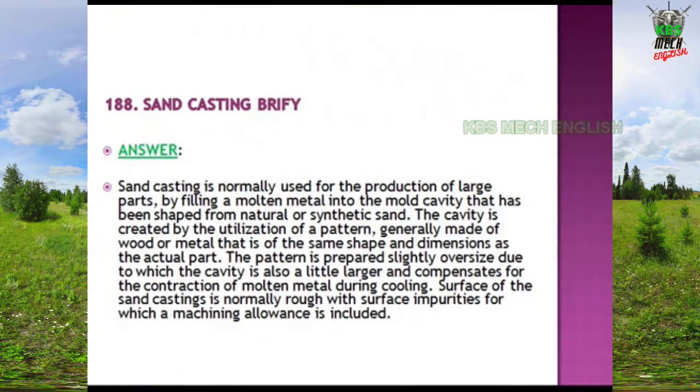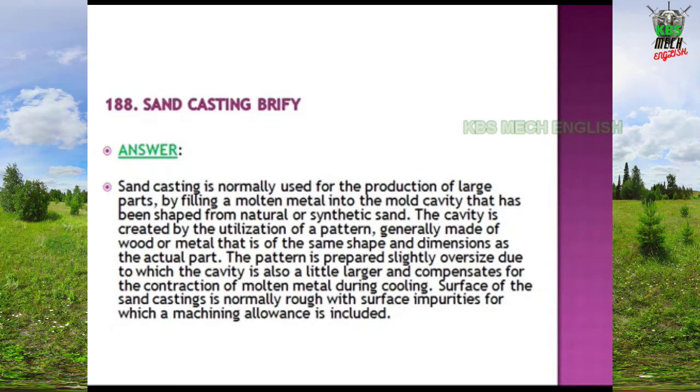Question number 188. Sand casting briefly. Answer. Sand casting is normally used for the production of large parts by filling a molten metal into the mold cavity that has been made from natural or synthetic sand.